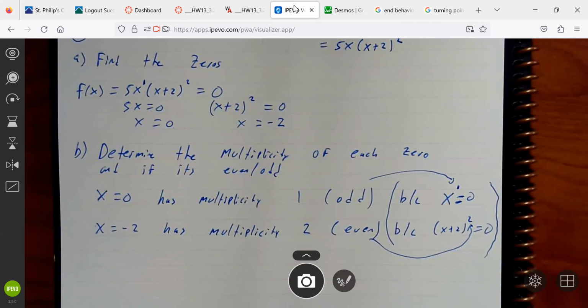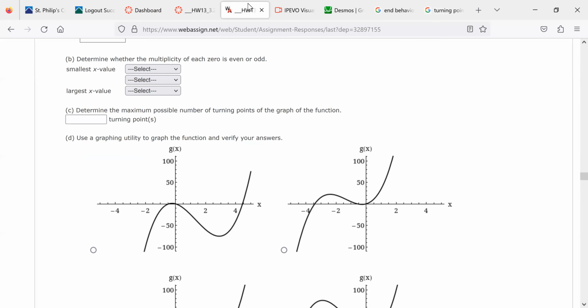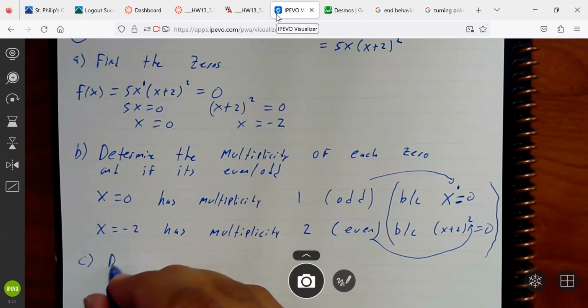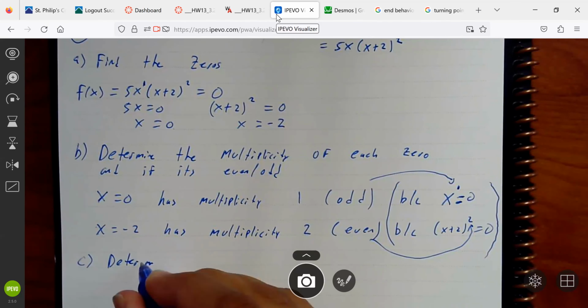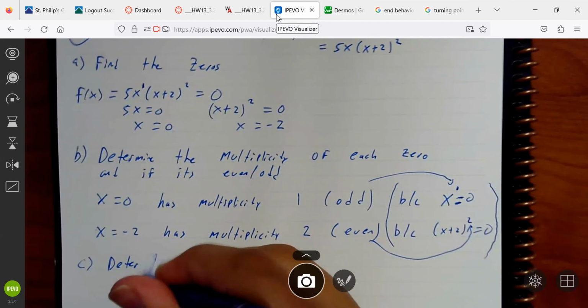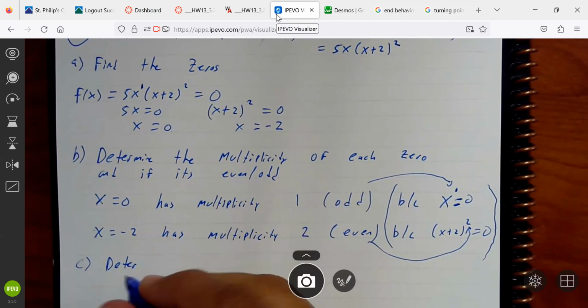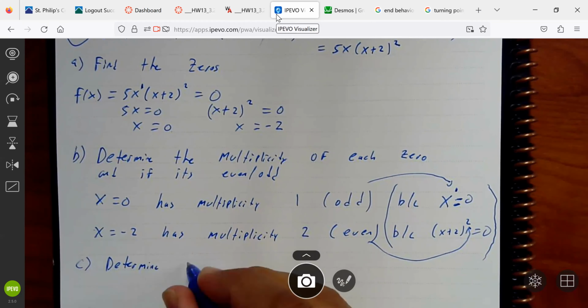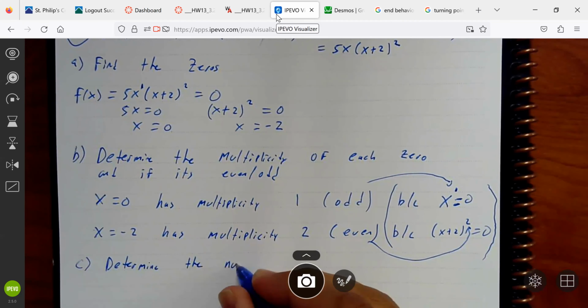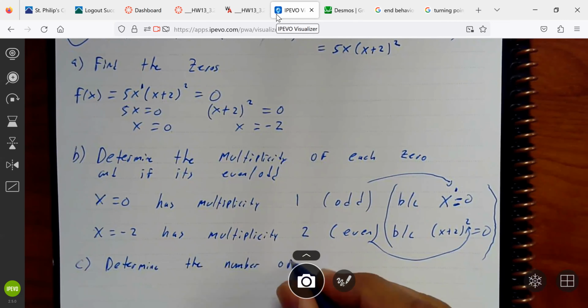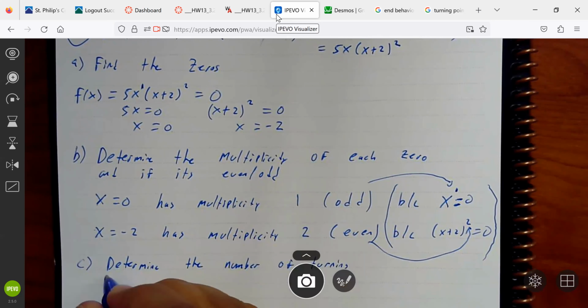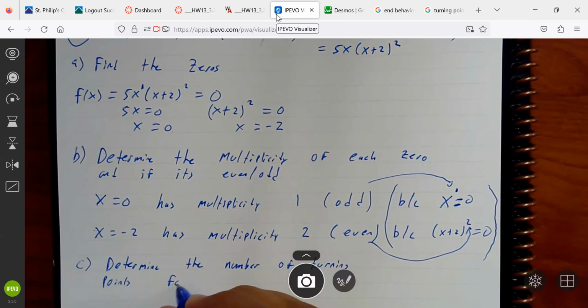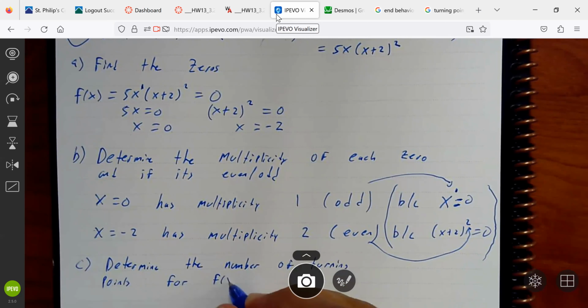Okay, so part C was determine the number of turning points for the function f of x.